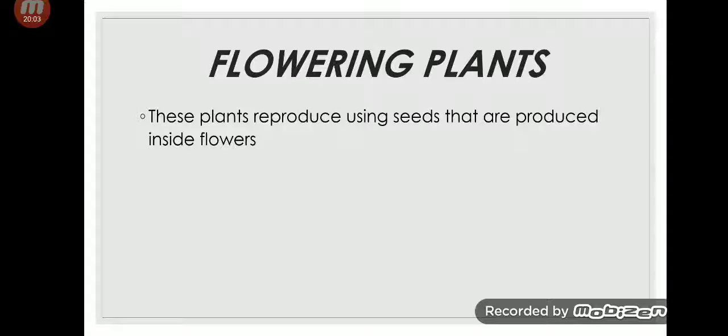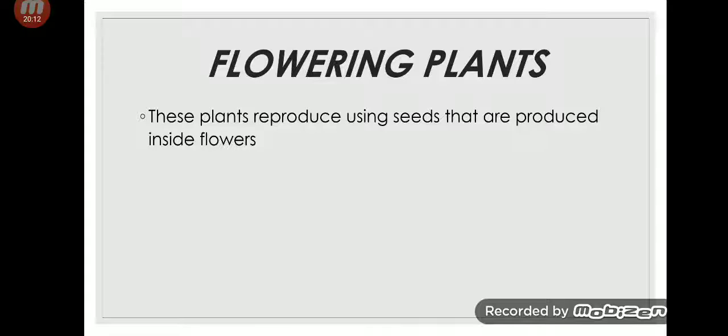Inside the flower there is a seed, and this seed will produce a new plant. This is all about flowering plants for you. There is a flower, inside a flower there is a seed, and these seeds will grow and produce new plants.